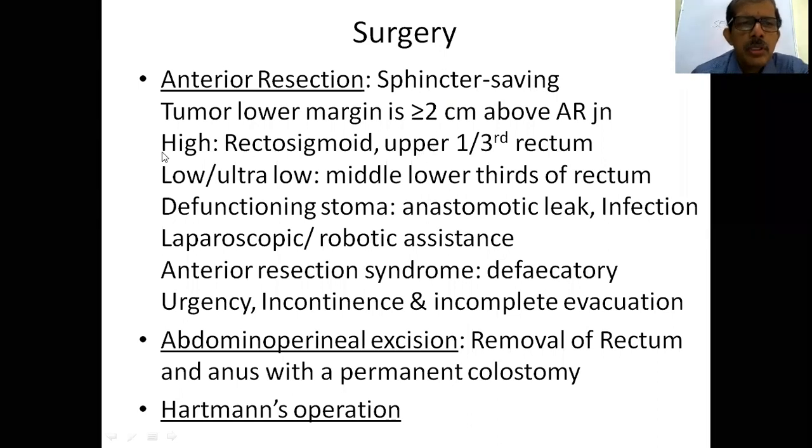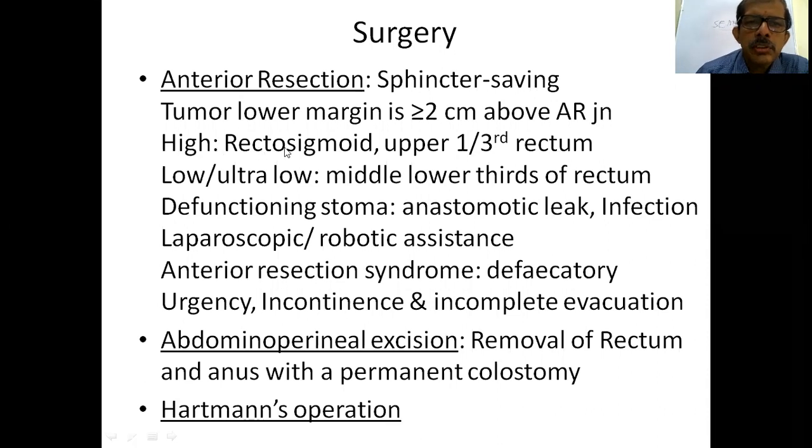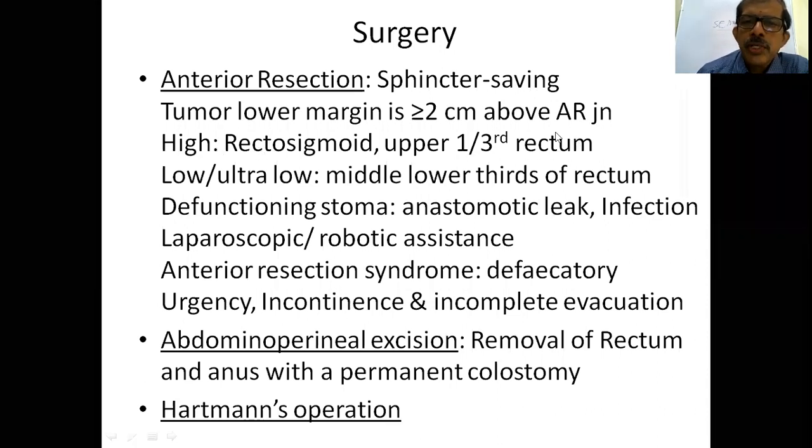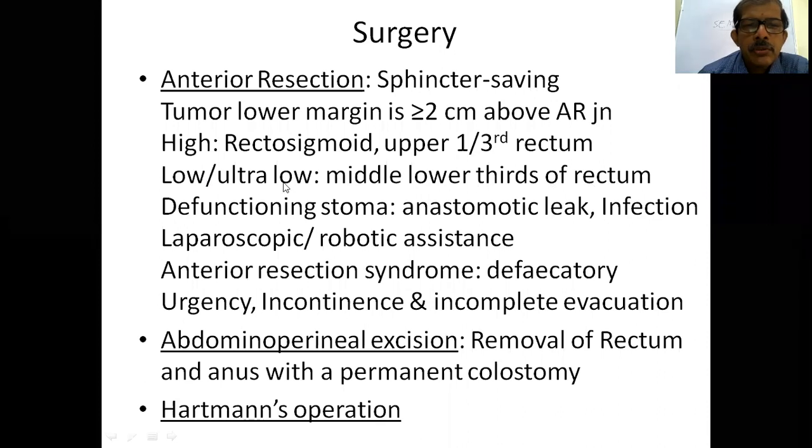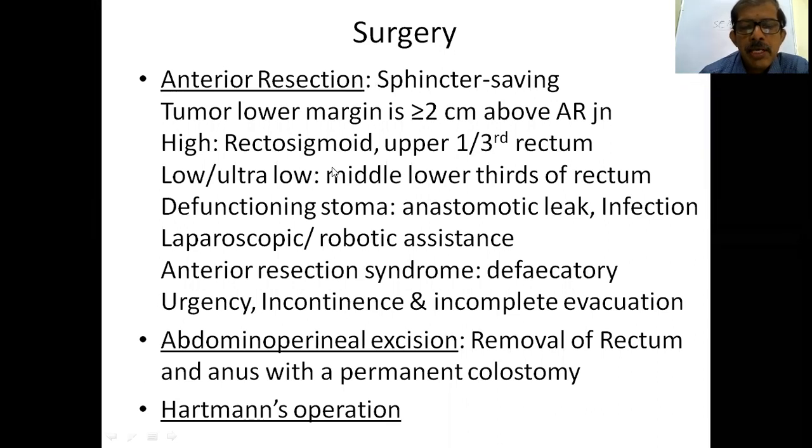Then in upper 1/3, usually it is not a problem. Whereas for middle and lower 1/3 rectum, it needs to be low or ultra low anterior resection where you are compromising.